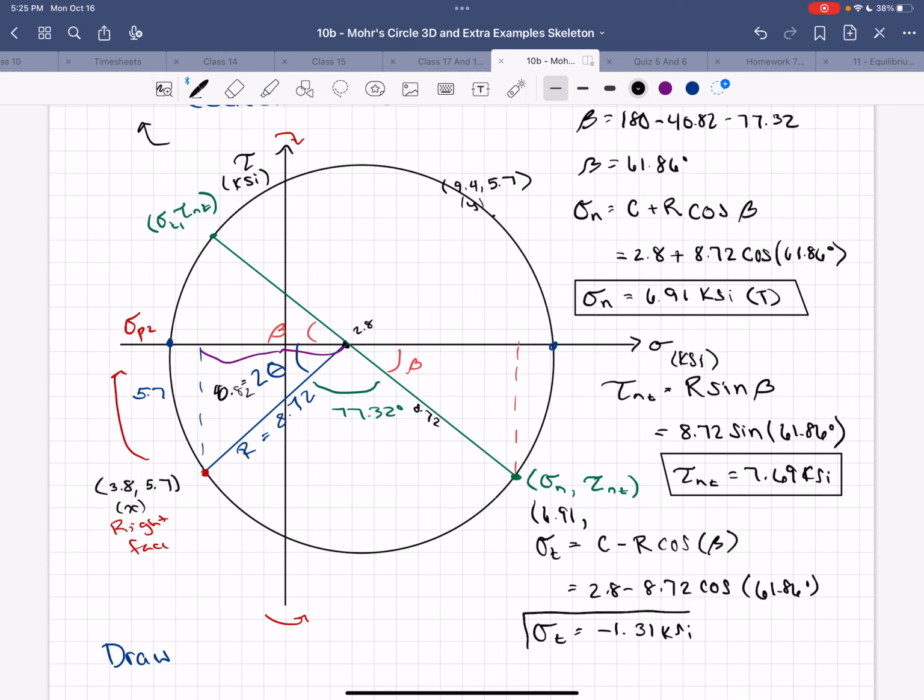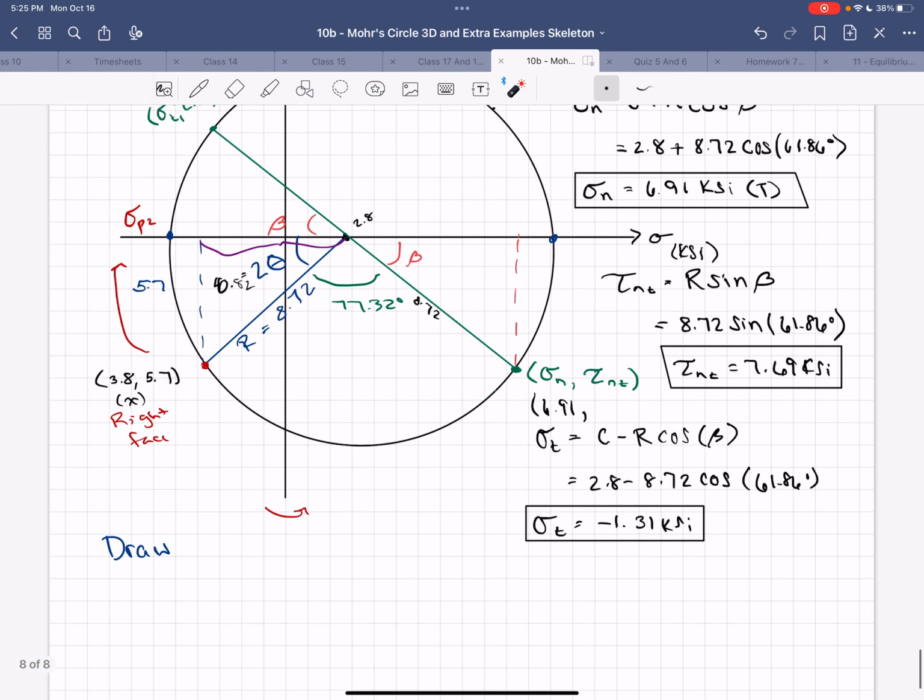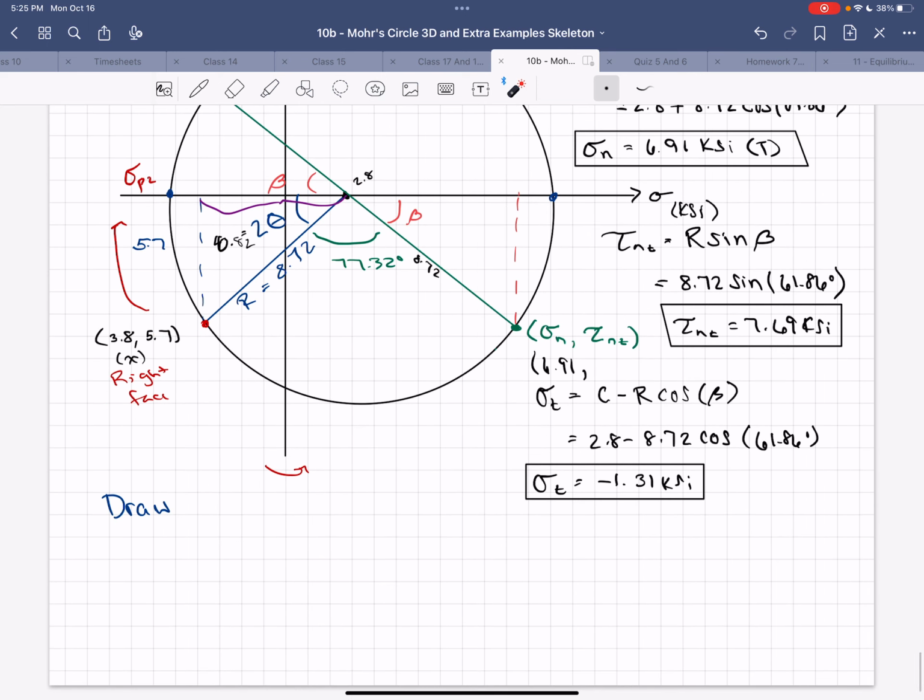So now this is our original right face. We're going to rotate half of 2 theta. So we have to calculate theta in real life. Oh, we already did. That's up here. So we're going to rotate 38.66 degrees counterclockwise. Our original right face was vertical.